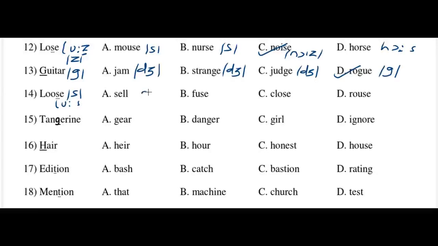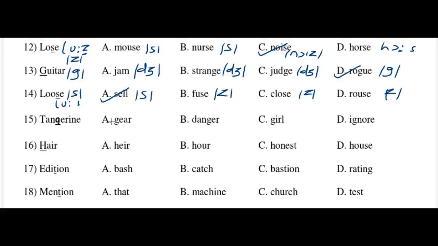Option A, cell. s. Option B, fuse. Option C, close. Alright. Option D, rouse. So the only one that contains s is cell, and that makes it the correct answer.